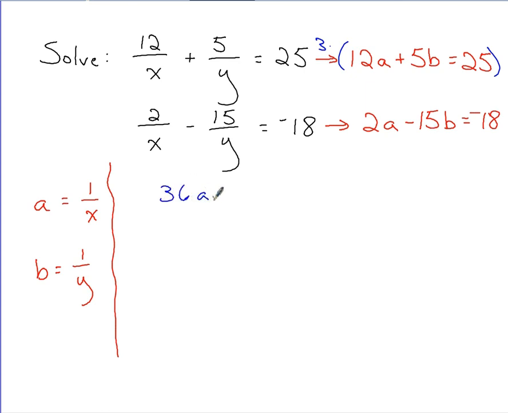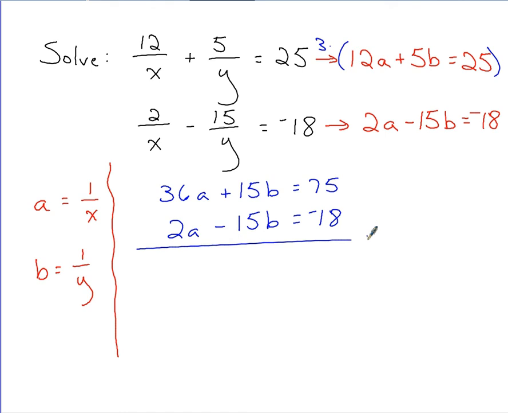All right, so if I transfer down here, multiplying that 3 through the top equation, you've got 36a plus 15b equals 3 times 25, 75. The second equation is staying as is. If I add through now, with the a's, we're going to have 38 of those.